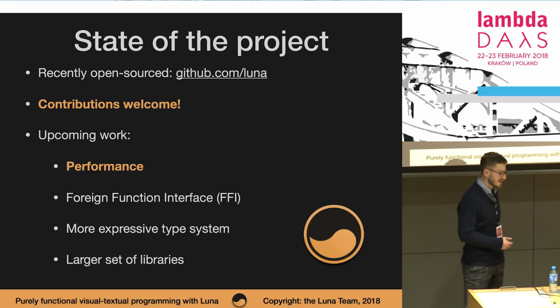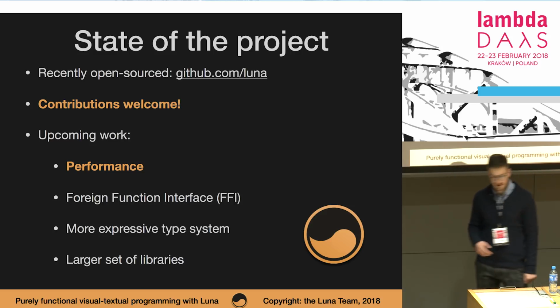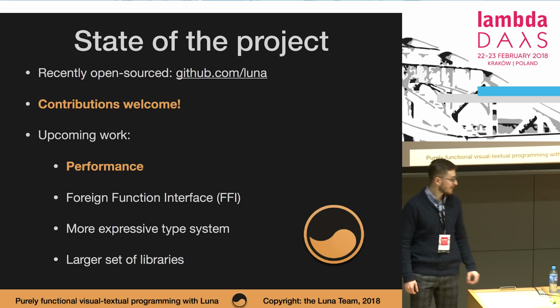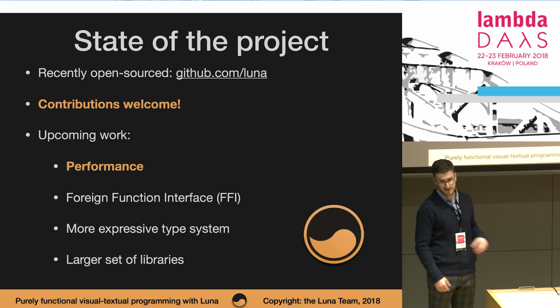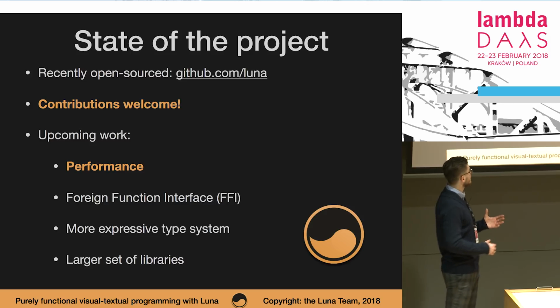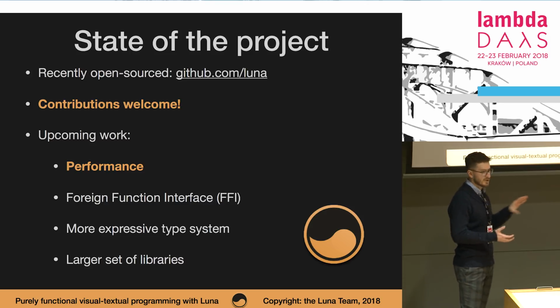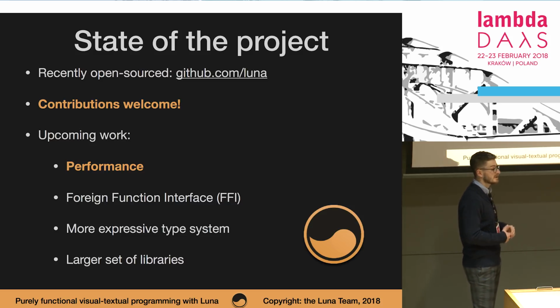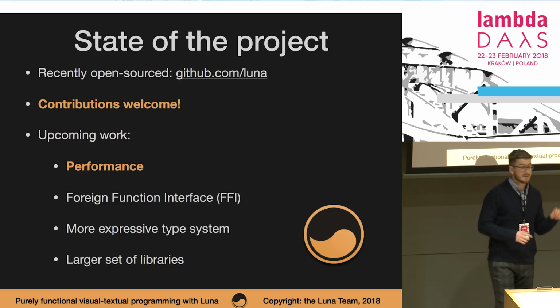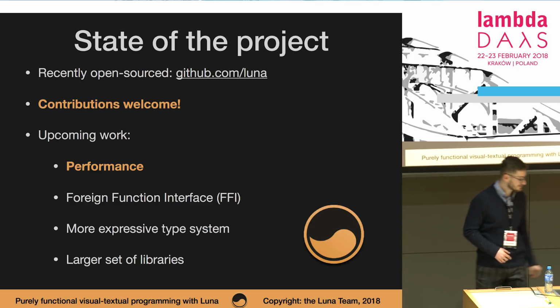I think we were able to make first calls to Haskell like yesterday. We would like to make the type system more expressive, because right now it's very user-friendly, but 100% implicit. We would like to allow you to have more control over your signatures, and we are working on a larger set of libraries, and this is where we are counting on community support in the first place.